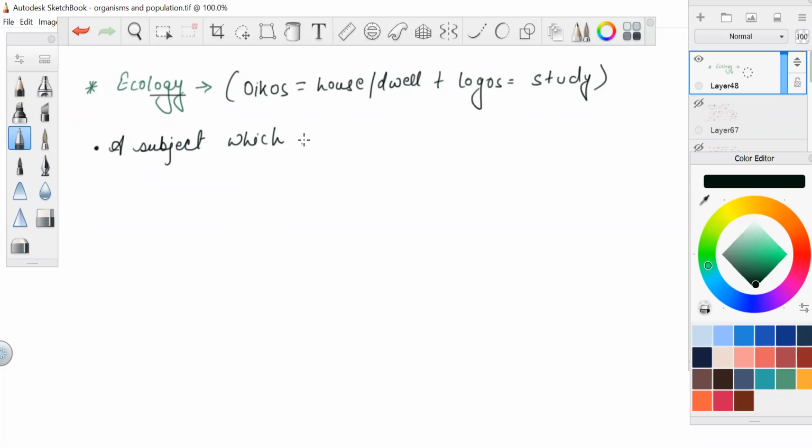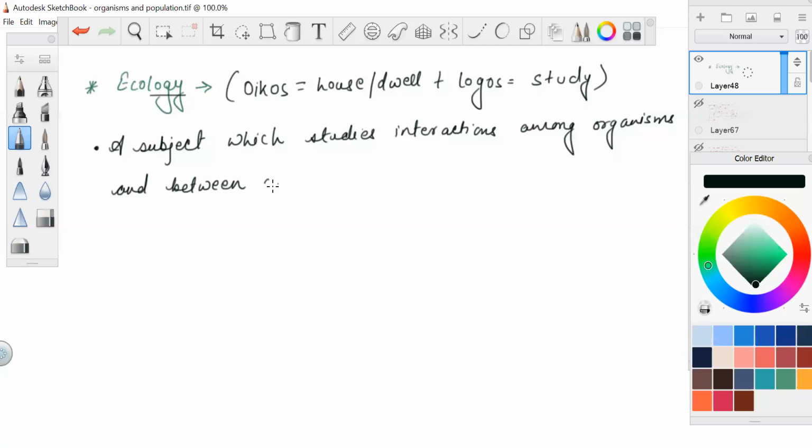A subject which studies interaction among organisms and between organisms and its physical environment. Physical environment means abiotic environment.